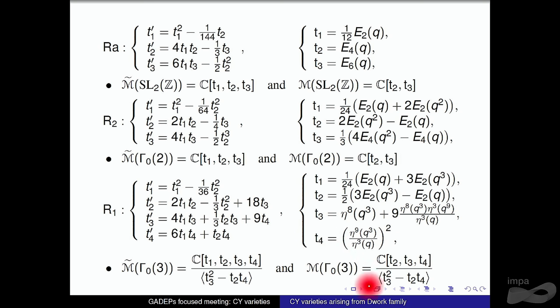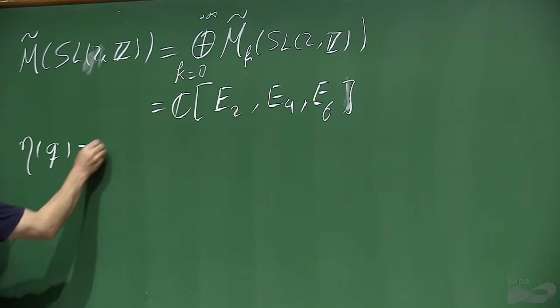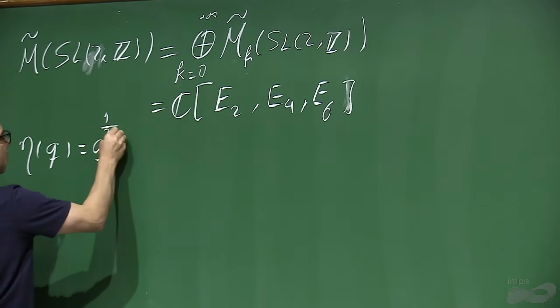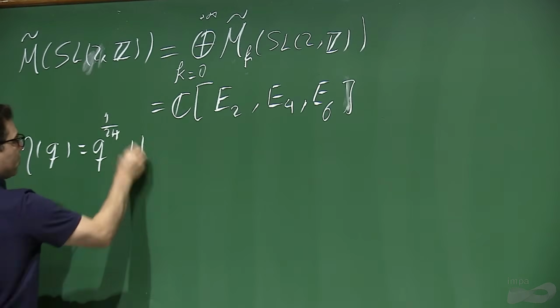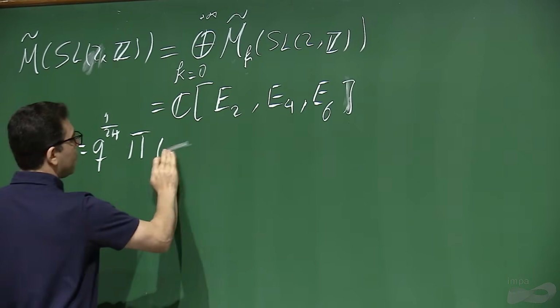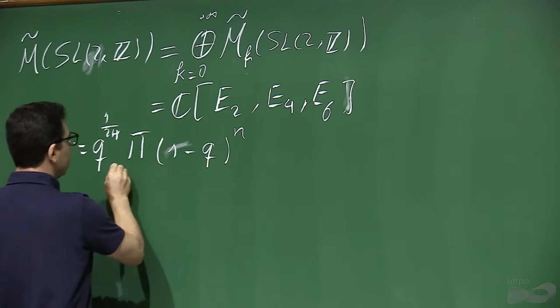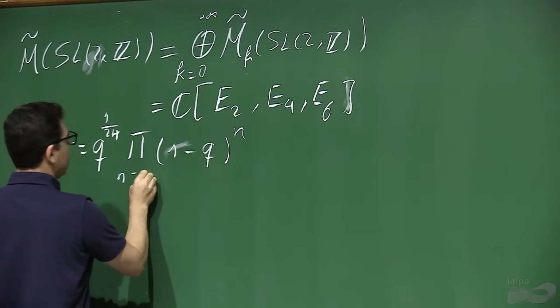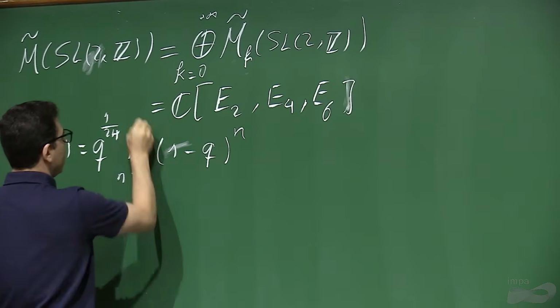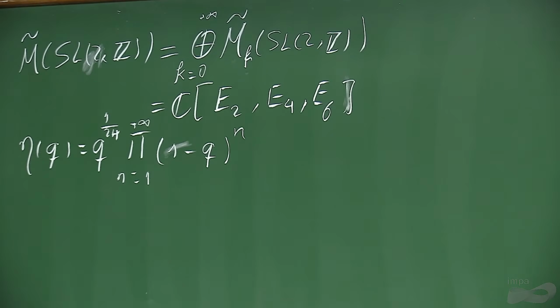And here, eta denotes the eta function, which again is a modular form. Eta of q is q to the power 1 over 24 times the product of (1 minus q to the power n), n from 1 to infinity. I think I'm right.